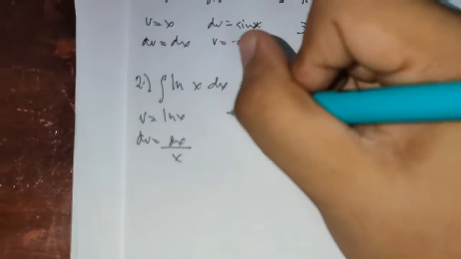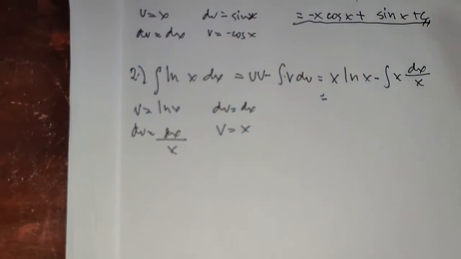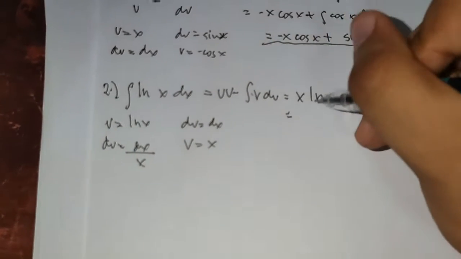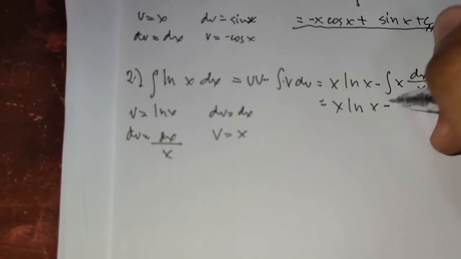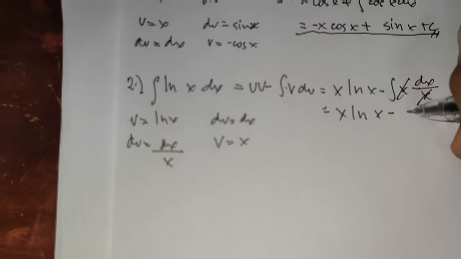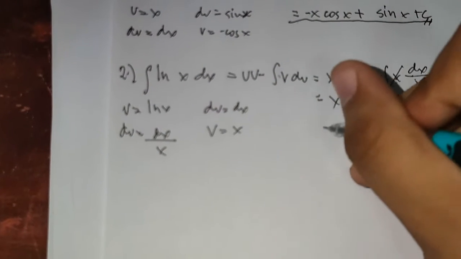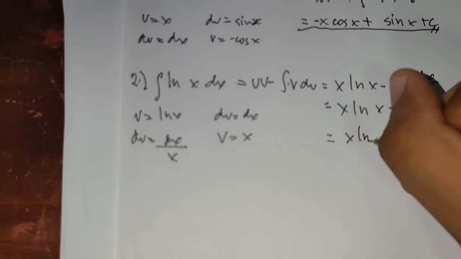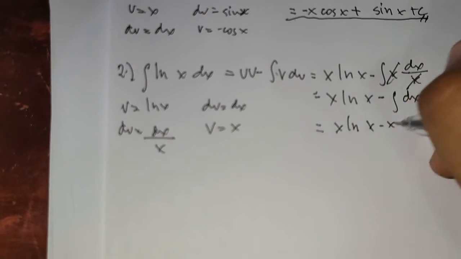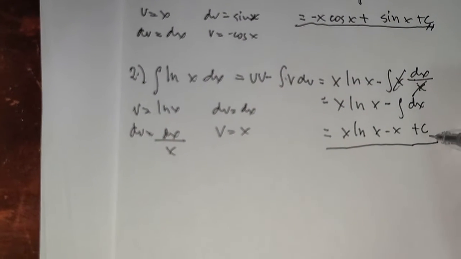Our dv will be dx and v is x. Here we're gonna cancel this one to become integral of dx, which equals x ln x minus x plus c. And that's the final answer.